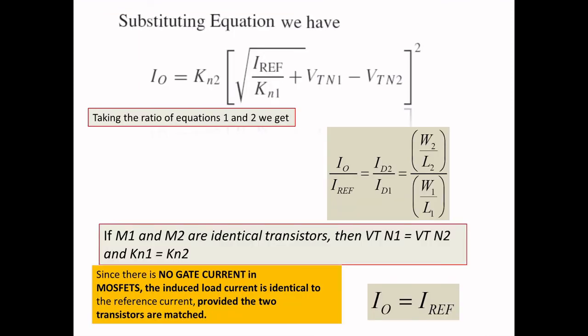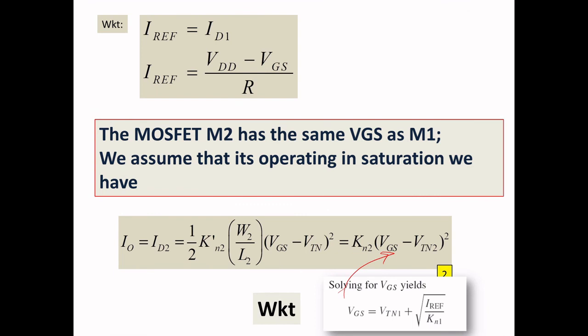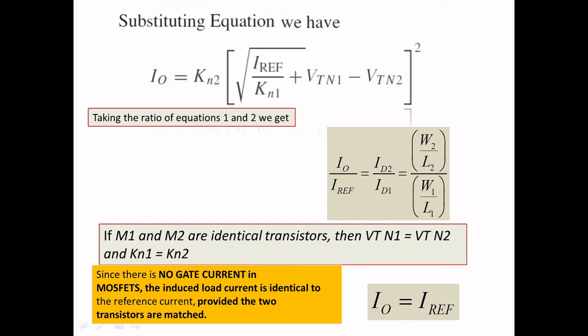I have substituted this VGS here, so that your I0, equal to ID, will change with respect to the next equation. You can see here I have substituted that VGS. This whole term is your VGS; you can see the previous slide.